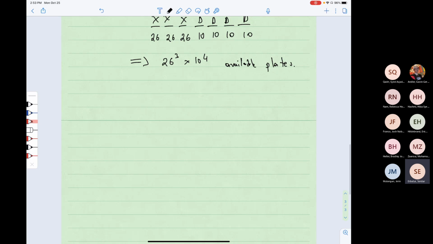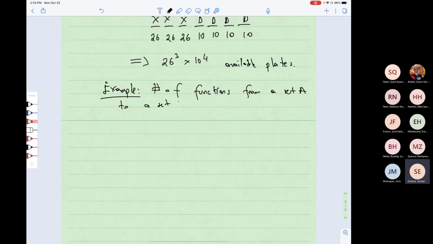So let me write here: a number of functions from a set A to a set B. And let's say the cardinality of A is M, and the cardinality of B is N.